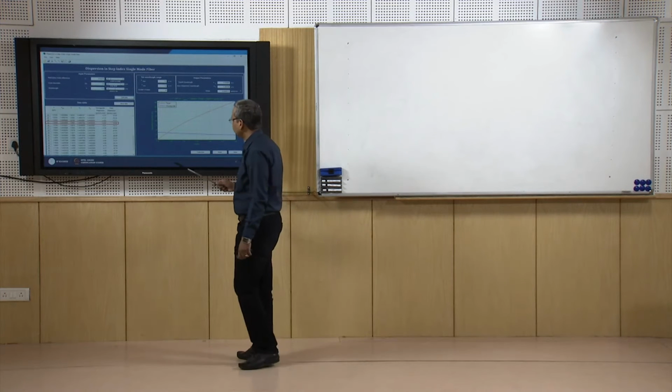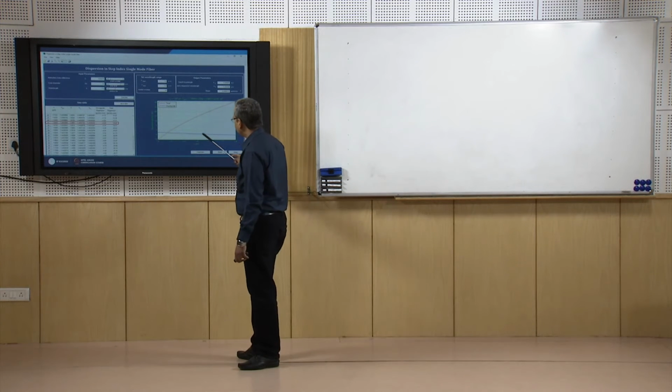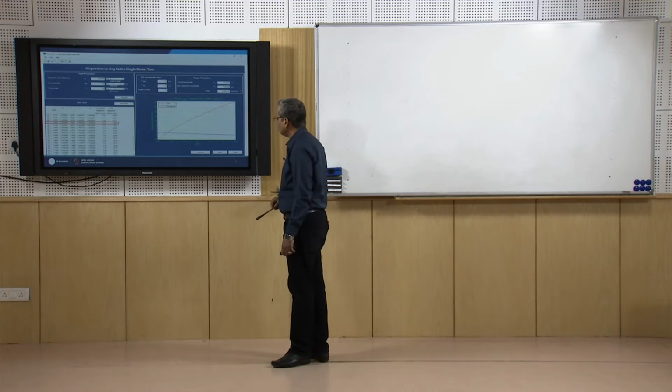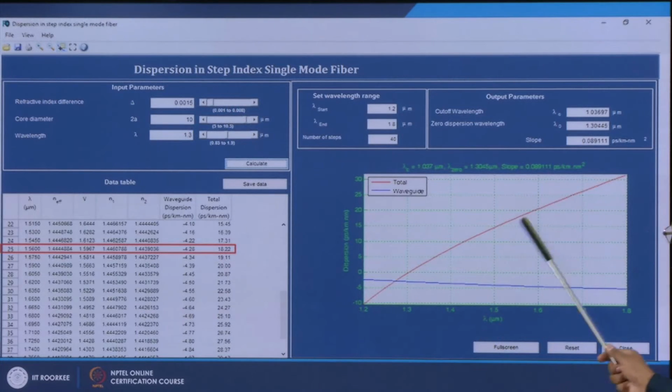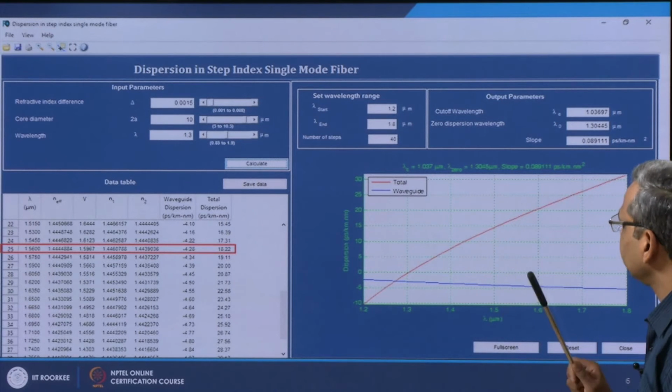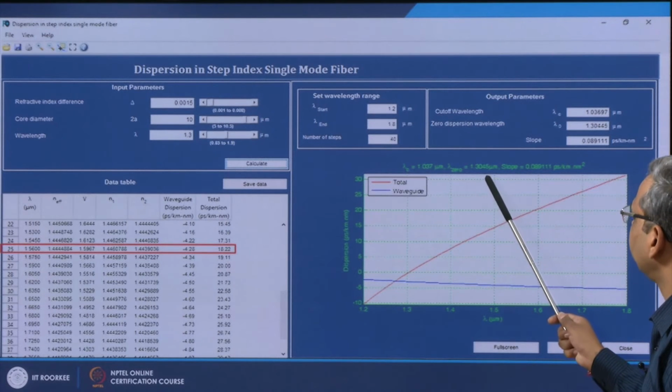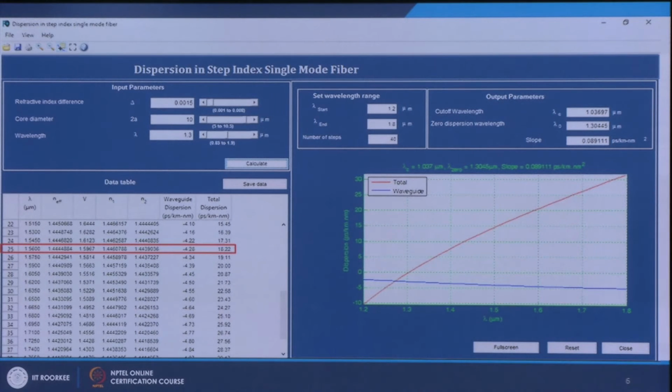Graphically, if I look at it, the waveguide dispersion is shown by this blue line, and the total dispersion is shown by this red line. So the zero dispersion wavelength for the total dispersion is around 1.3045.